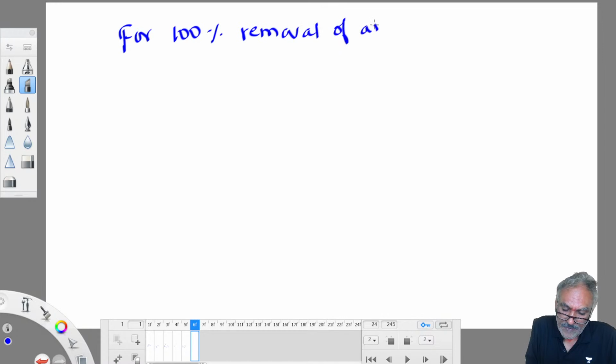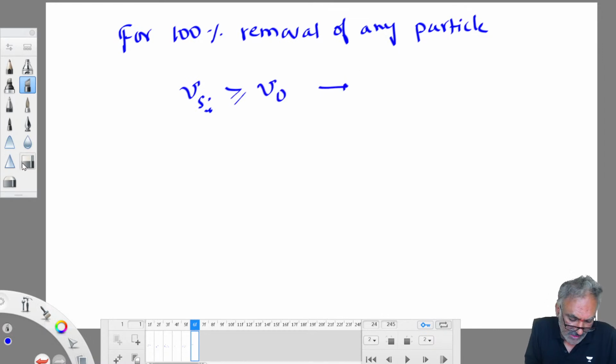For 100% removal of any particle from the sedimentation system, it has to satisfy two conditions. One is settling velocity of that particle should be greater than or equal to V0. Then 100% removal is possible. That's the first condition. Minimum is equal; if it is greater, well and good.